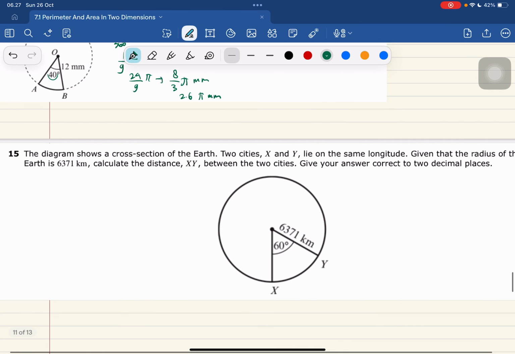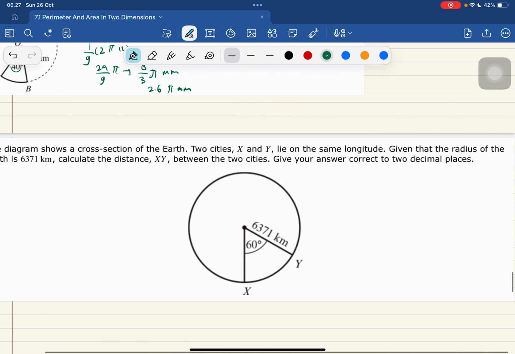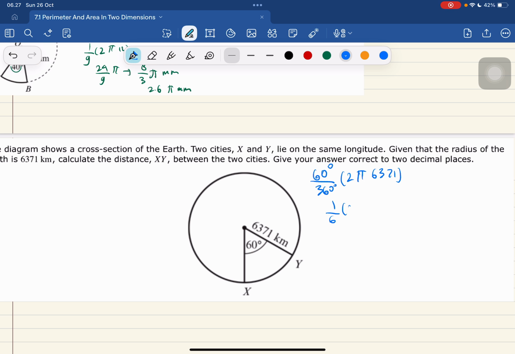We find X to Y. So if this is 60 degrees, so 60 degrees over 360 degrees, and then 2 pi with 6,371. So this we divide by 6, 1/6, and then 2 pi we multiply by 6,371. So it's going to be 1/3 pi multiplied by 6371.